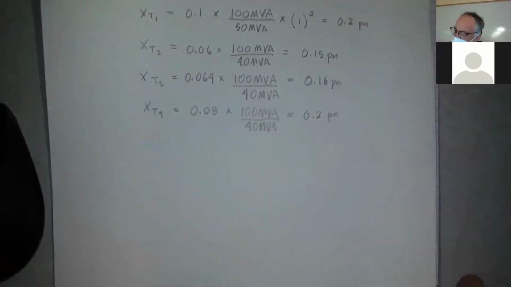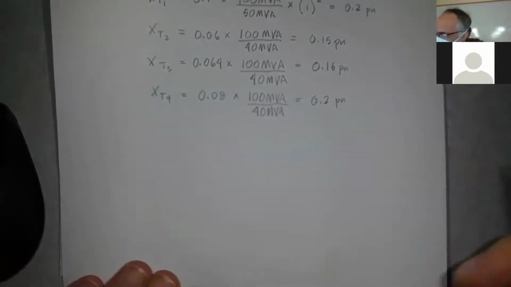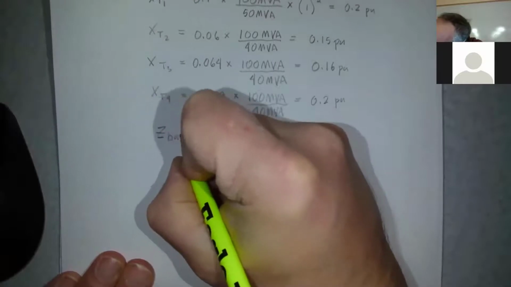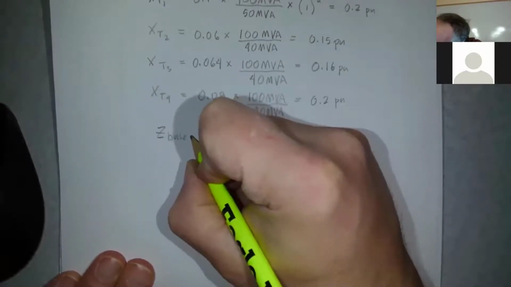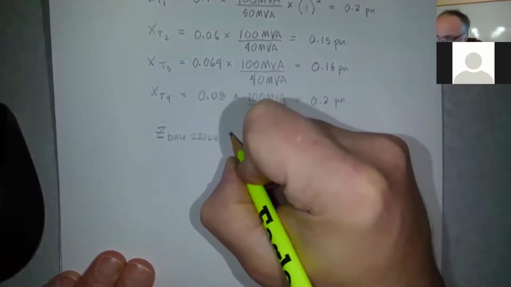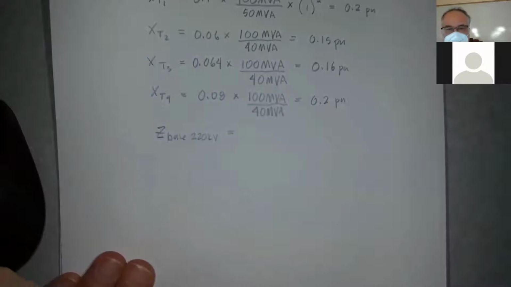Okay. Now we have ohmic values for the transmission lines. So we got to come up with a base, Z base, for the 220 kV. What's that going to be equal to? Nobody come up with the base before?